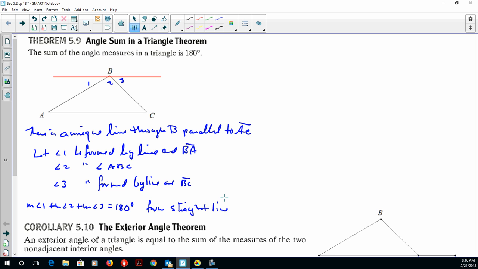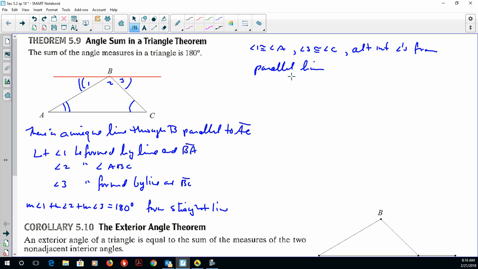Okay, so those three add up to 180 degrees. Now, we know that angle 1 is congruent to angle A, and angle 3 is congruent to angle C because these are parallel lines. This angle and this angle are alternate interior angles. This angle and this angle are alternate interior angles from parallel lines.